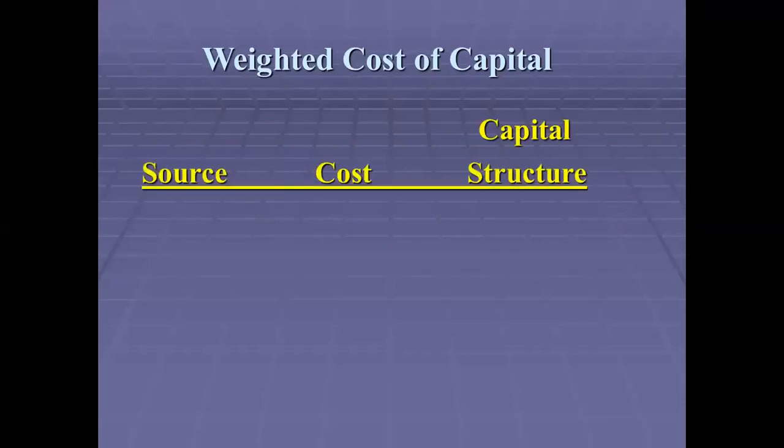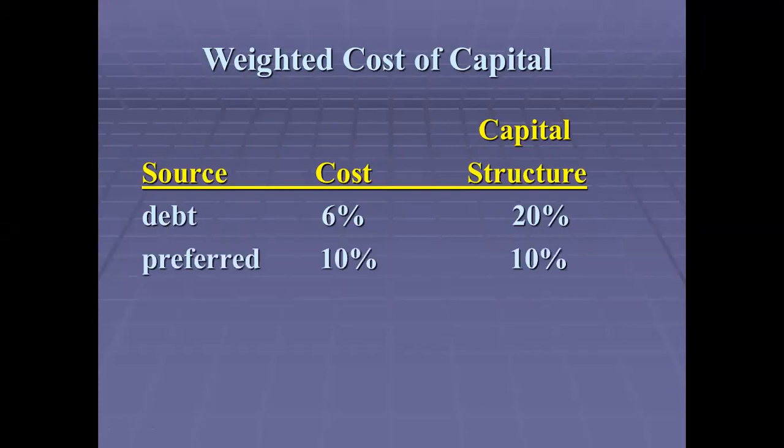An example: this is the capital structure, capital cost, and capital sources. If your source comes from debt, let's say the cost is 6% and the structure is only 20%. Source number 2 is the preferred stock, and the cost of the preferred stock is 10% dividend every year.